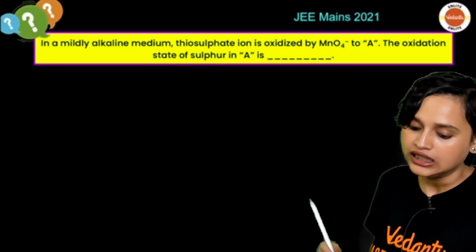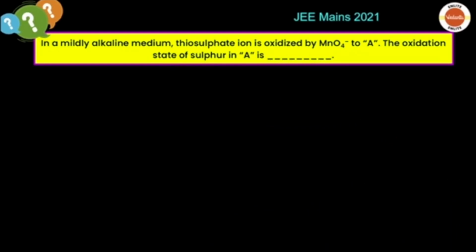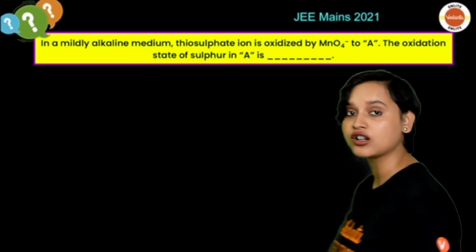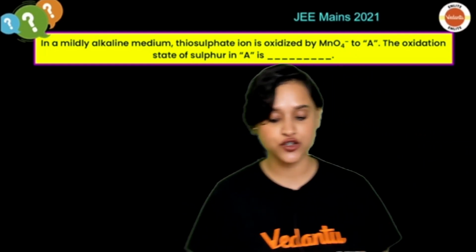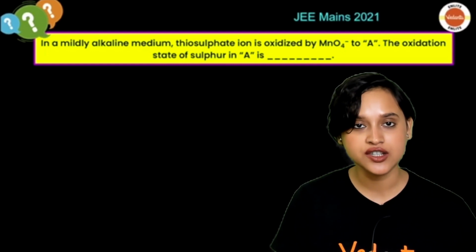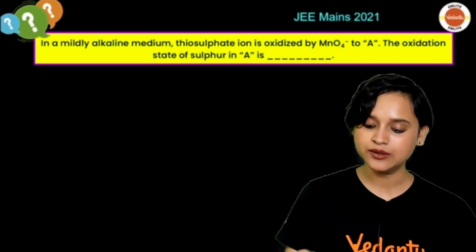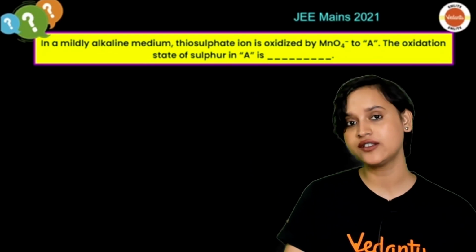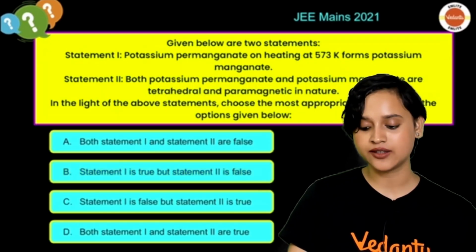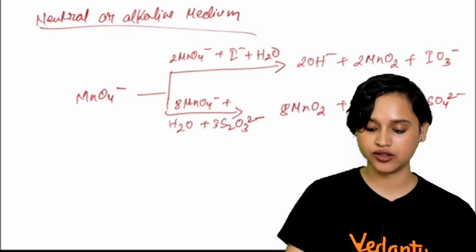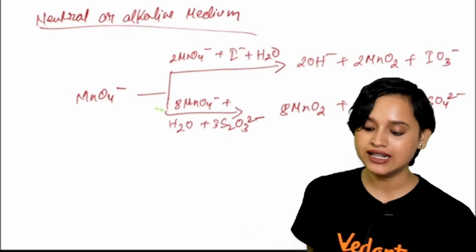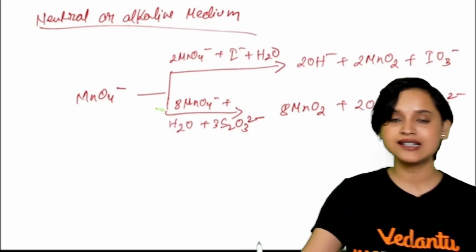Okay. Now, in a mildly alkaline medium, thiosulfate ion is oxidized by MnO4 minus to A. The oxidation state of sulfur in A is. Can you tell me? See, what is the question? Thiosulfate ion is oxidized by MnO4 minus. Basically, we are talking about this reaction. In this reaction, can you find out 6SO4 2 minus?